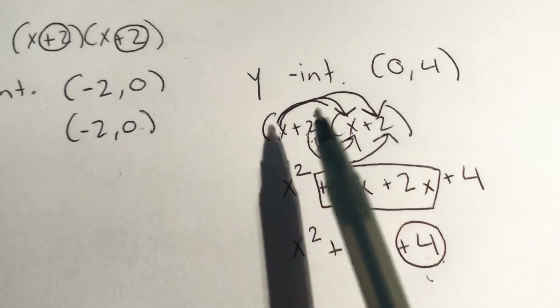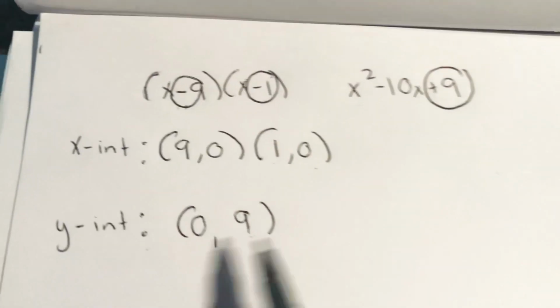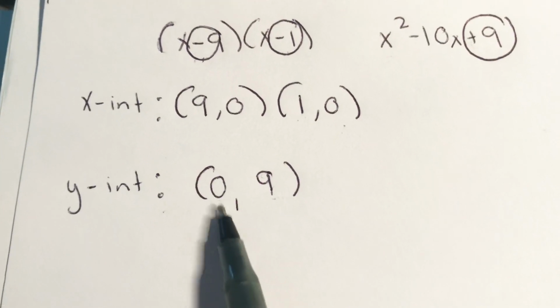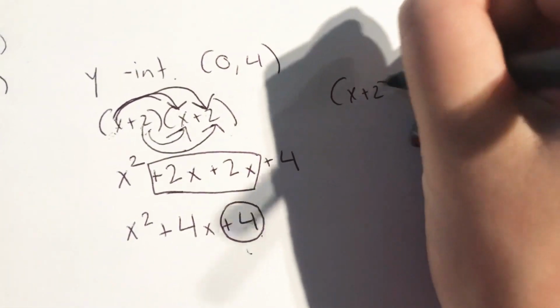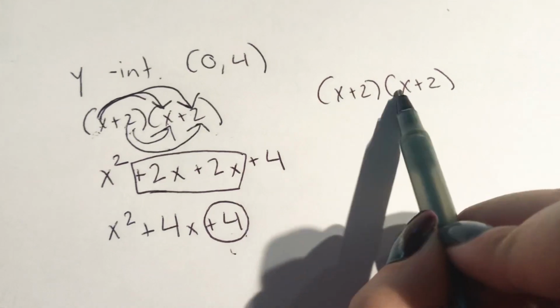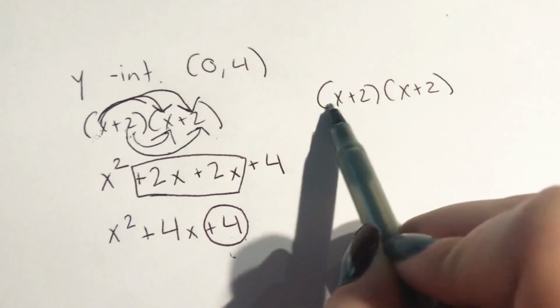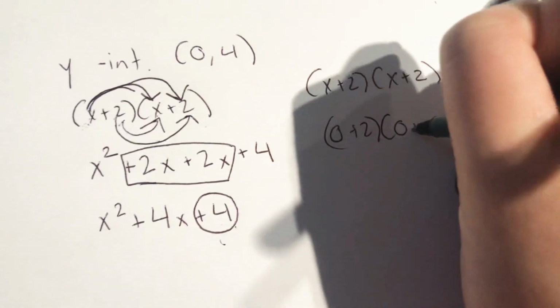Another trick, if you guys remember from a different video, is at y-intercepts, we know that the x value is always 0. So if I have x plus 2 times x plus 2, and I know that my y-intercept is when x is 0, I can just plug 0 into both x's, and I have 0 plus 2 times 0 plus 2.